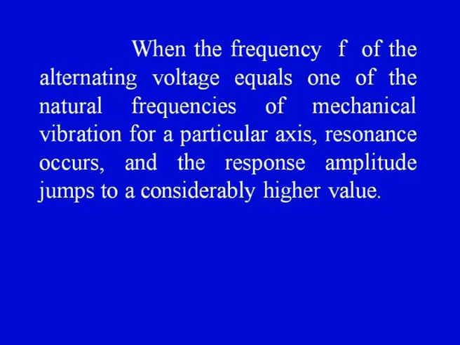I mean, those two plates are put in an electronic oscillator. When the frequency of the alternating voltage equals one of the natural frequencies of mechanical vibration for a particular axis, resonance occurs and the resonance amplitude jumps to a considerably higher value.